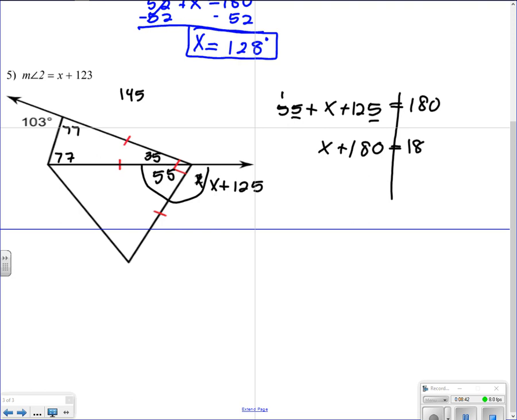Get the x by itself. Their opposites cancel, so you have x is equal to, and that is the answer. Okay, thank you.